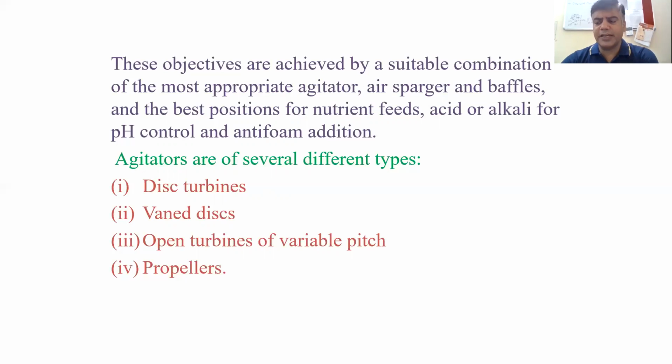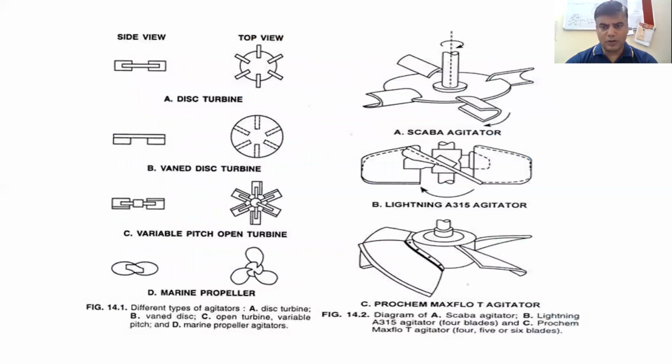Impellers are agitation devices. They are mounted on a shaft introduced into the fermenter through the lid. These impellers are blades attached to motors on the lid. There are different types, such as propellers, turbine, disk turbine, vent disk turbine, and variable pitch open turbine. In the fermenter, there may be a single multi-blade impeller, or three or more multi-blade impellers.